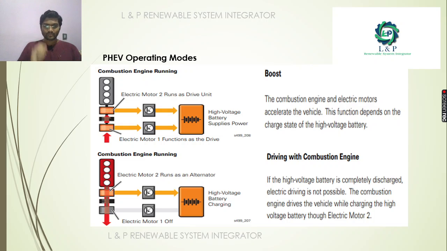The next concept is that the combustion engine is running, but we are making the electric motor 1 off. Here the electric motor 2 will run as an alternator, and it will charge the high voltage battery. This is how these PHEV vehicles work.